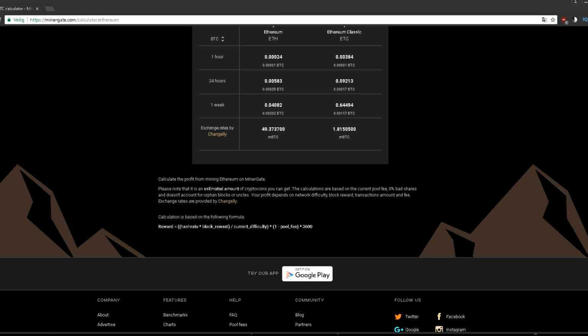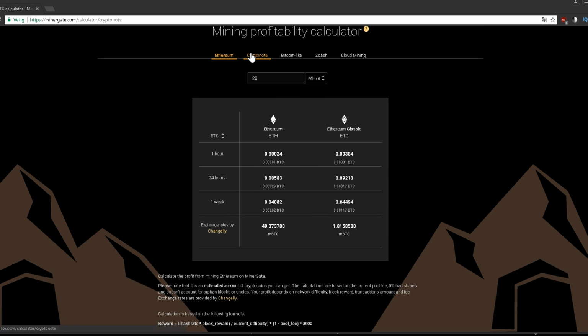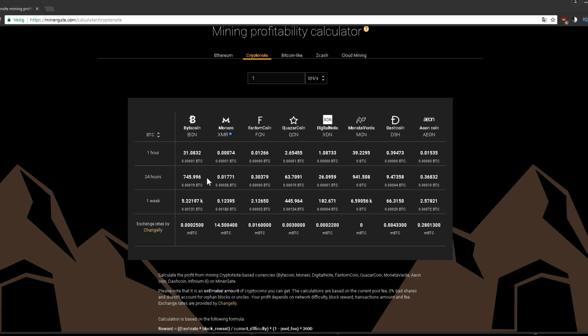And as said, this is basically a very rough estimate. So don't think that if you have 1 kilo hash, you will mine this exactly, because you might have some bad shares, or some drunk roommates that spill some beer on your router and fry everything, and you'll be out for a couple of days.